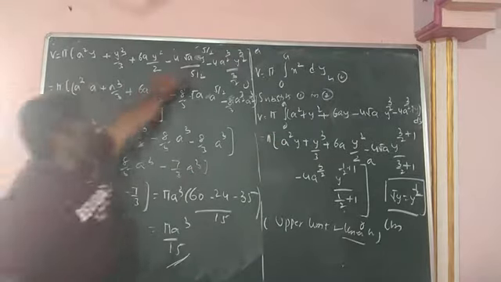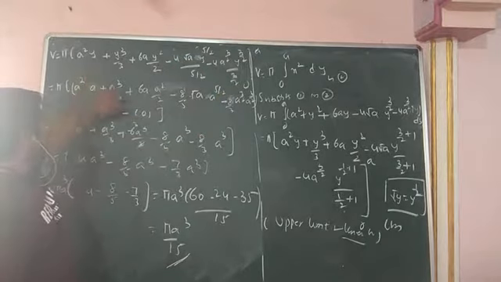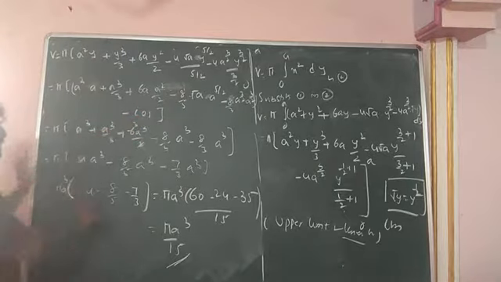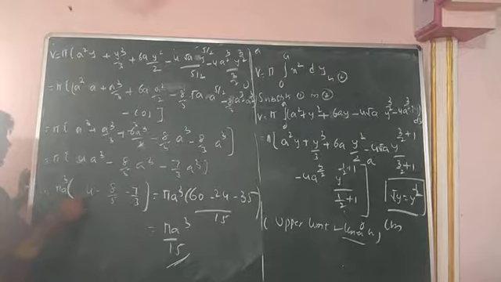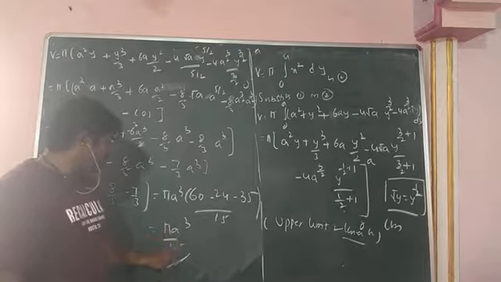The upper limit value equal to a and the lower limit value equal to 0. And we substitute that and simplify this part and we get 4 minus 8 by 5 minus 7 by 3, and we simplify. We get pi a cubed by 15.